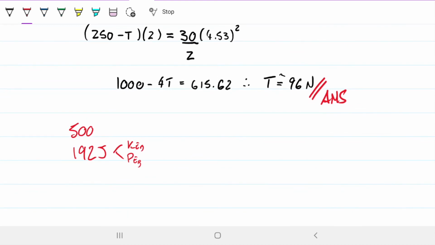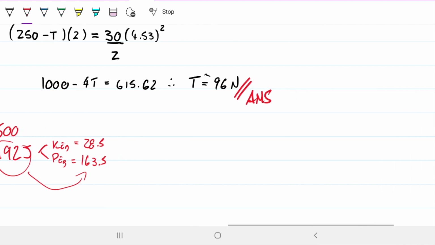Potential energy of B, we know that takes about 163. It's 163 from before, 60.5. So whatever is left, 192 minus the 163 is 28.5. And then check this out. And this has to work, or else we made some mistakes along the way.